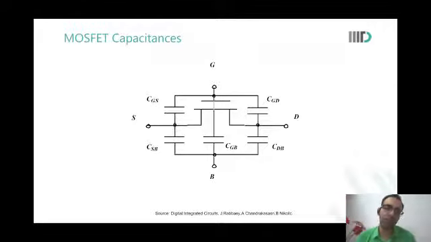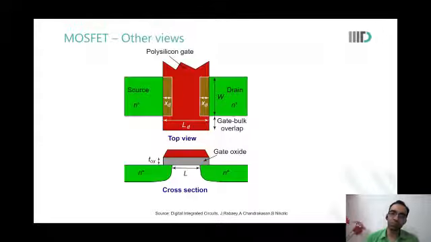Whatever components would come, when we say CGD, you should mentally be able to relate, oh, all these 3 things would contribute to the capacitance. So if I tell you, my friend, please reduce CGD, what would you do? As a designer, can you control this? I don't think so, sir.